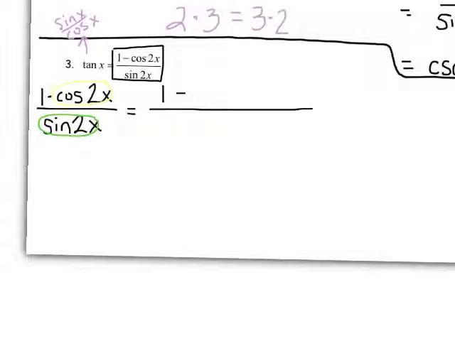Your 3 different options are cosine squared minus sine squared, 1 minus 2 sine squared, and 2 cosine squared minus 1. So if you really pay attention to where we need to be, if you only want sine on top, the best option is to choose the option that only leaves you with a sine. So I'm going to write 1 minus 2 sine squared x.